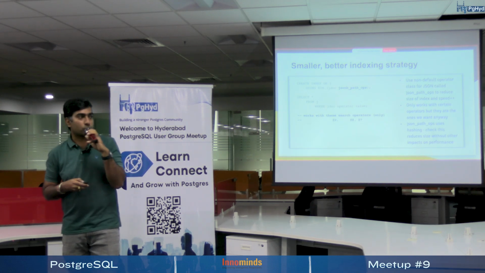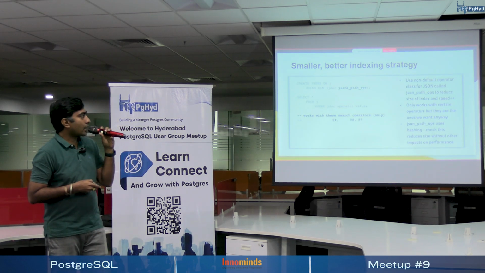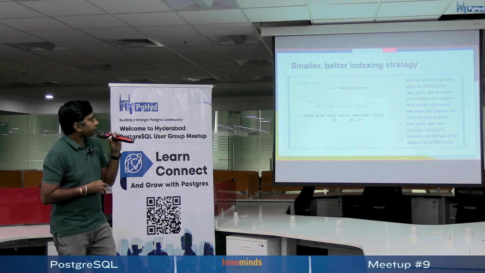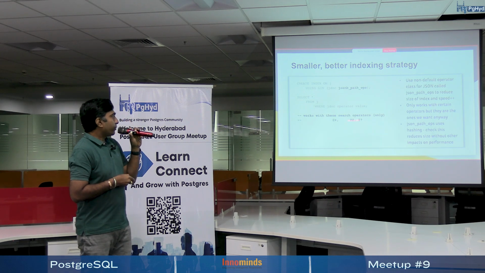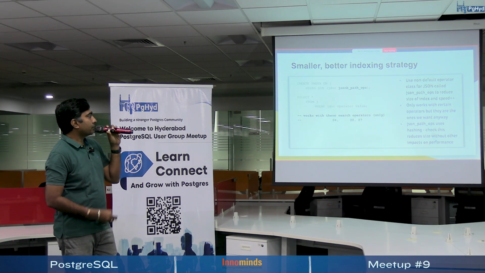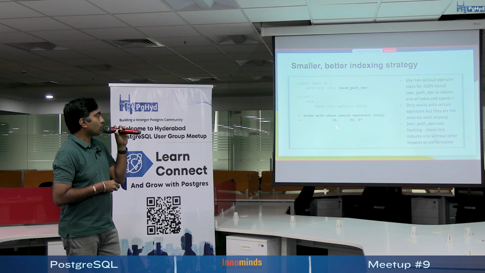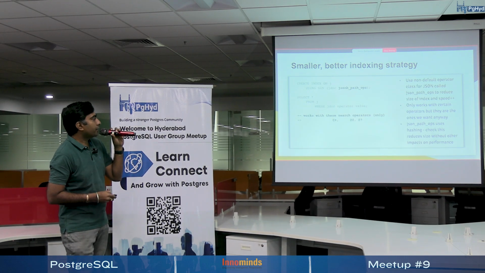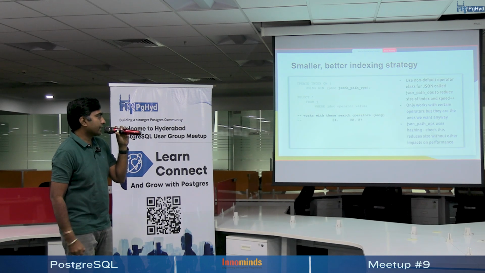So those performance implications and the long-term maintenance implications will come into the picture. Okay, these are all the operands. If you happen to create the GIN index, we have to consider these operands. If you happen to use these kinds of operands, then go for the GIN index.